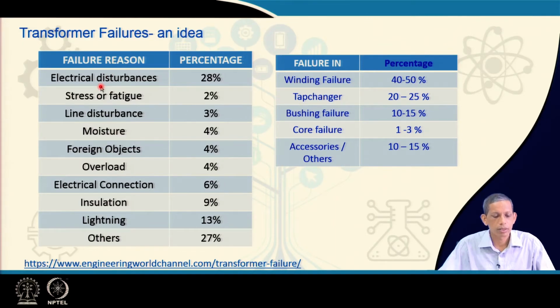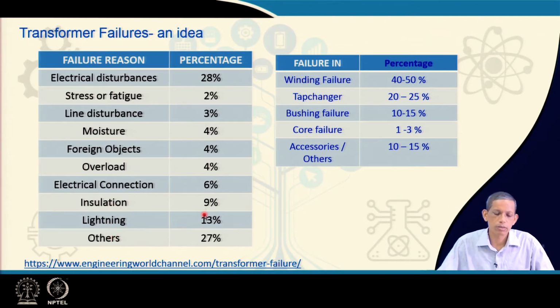We have electrical disturbance, stress or fatigue, mechanical, line disturbance, the external one, moisture, foreign objects, overloading, electrical improper connection, insulation issues, lightning and others.